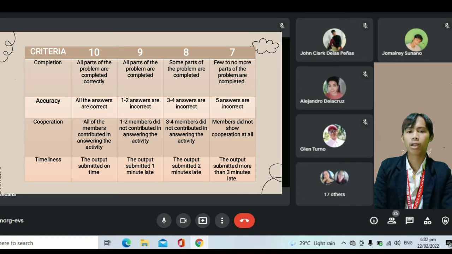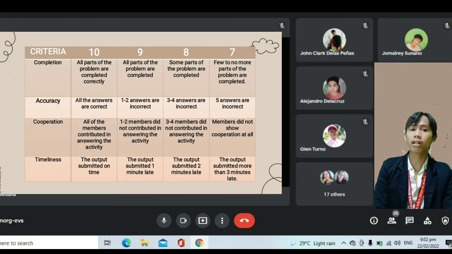Then for the cooperation, if all of the members contributed in answering the activity, you will receive 10 points. If 1 to 2 members did not contribute, you will receive 9. If 3 to 4 members did not contribute, you will receive 8.